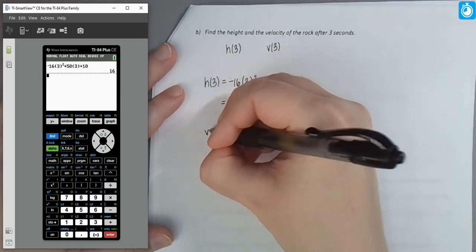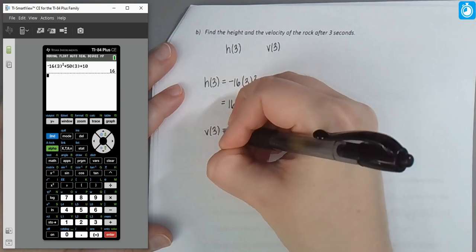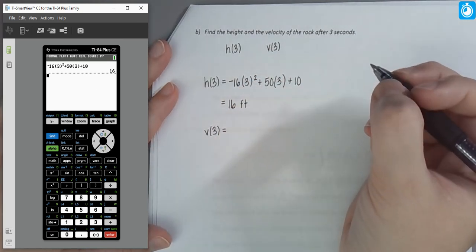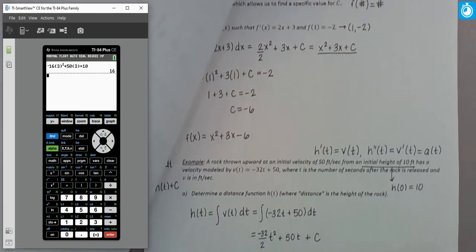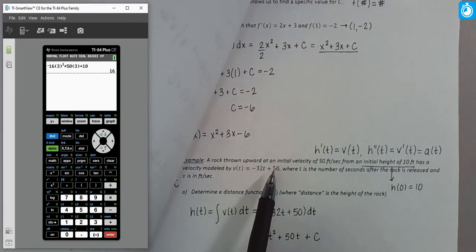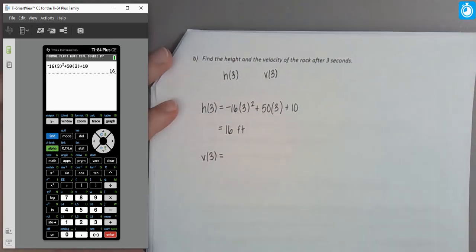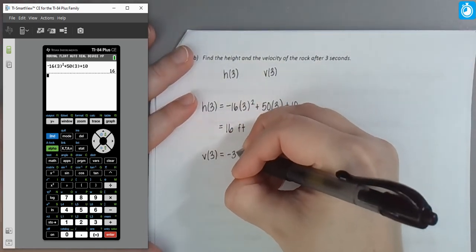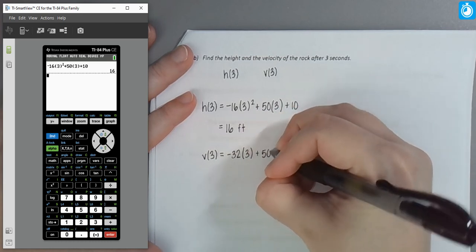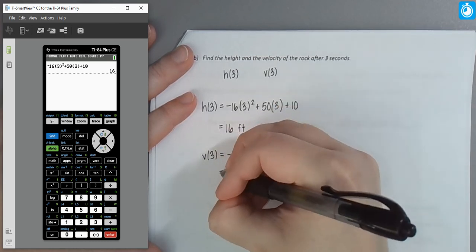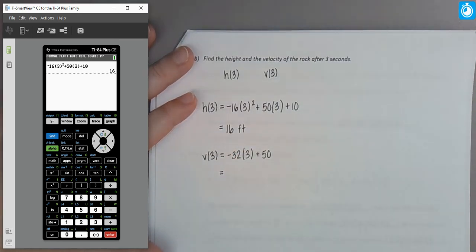Well, how fast is it moving at that point in time? That's going to be v of 3. And remember, v was our original function. It was the derivative of our position function. So negative 32t plus 50. So negative 32 times 3, plus 50.